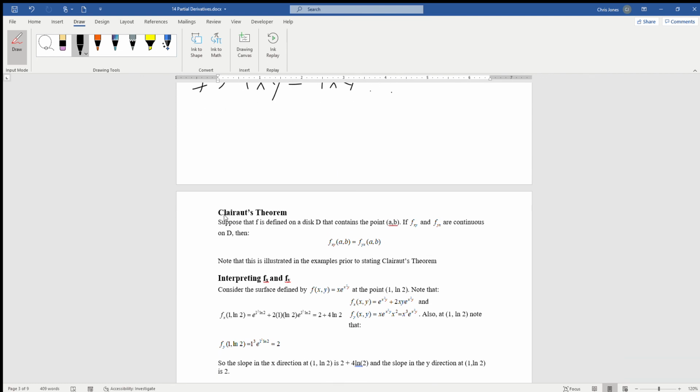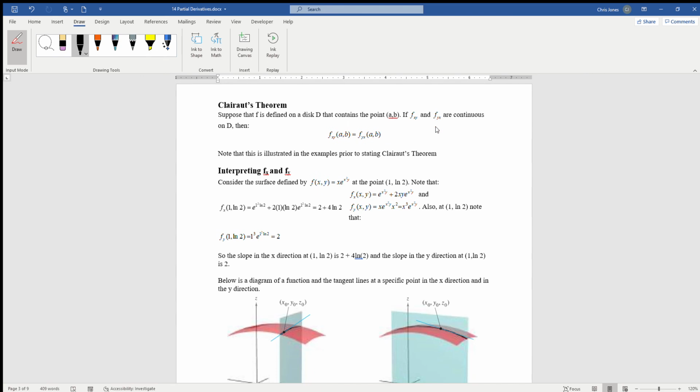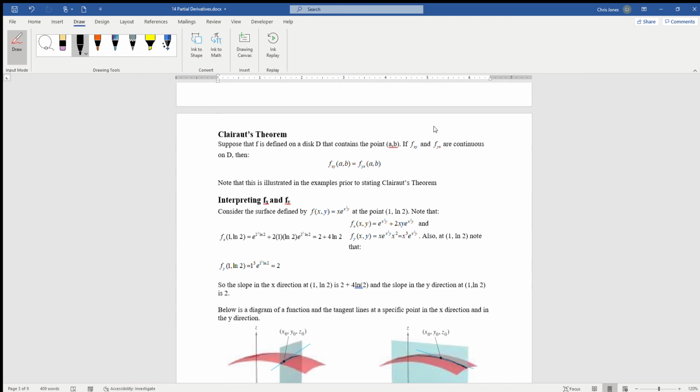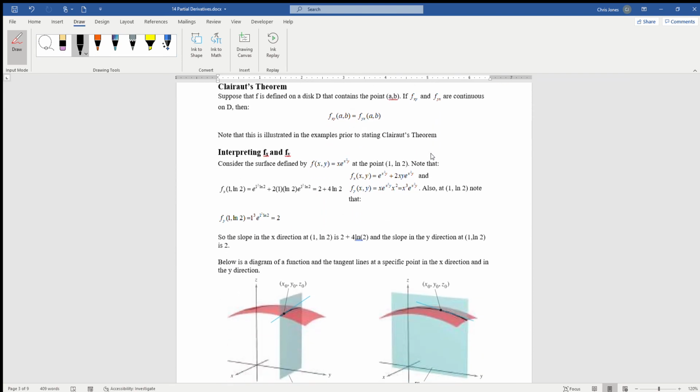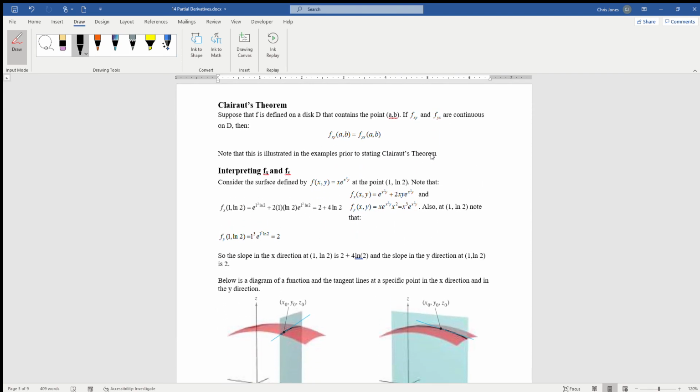And that's actually Clairaut's theorem. Clairaut's theorem says that if f is continuous on a disk that contains a point (a, b), the second partials fxy and fyx are indeed equal to one another. And what we just had above clearly illustrates it for a singular example. Now that doesn't mean that it proves it, but at least it reinforces it.